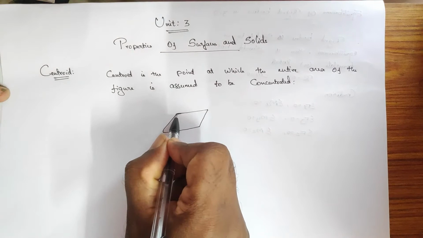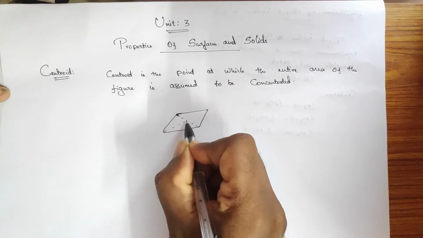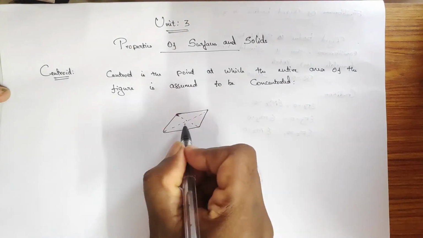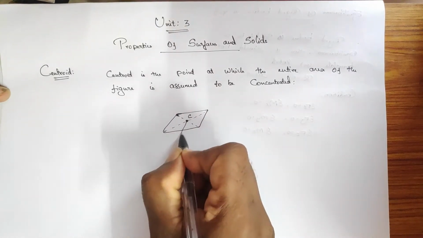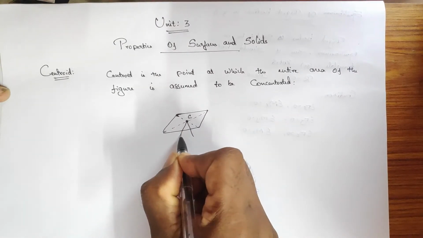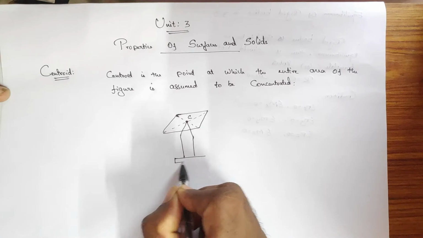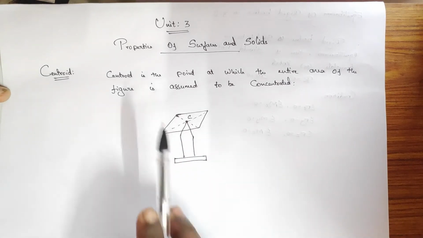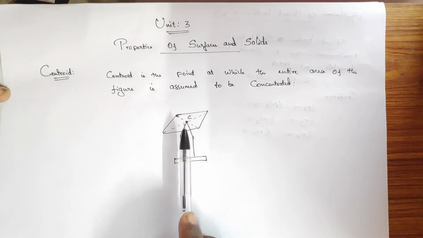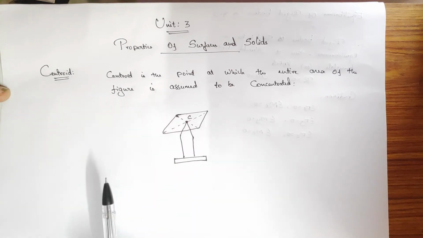For this figure, if I want to get the center point, I shall connect the diagonals so that I can point out the centroid. If I concentrate through this C point, I can concentrate the area of the plane rectangle.